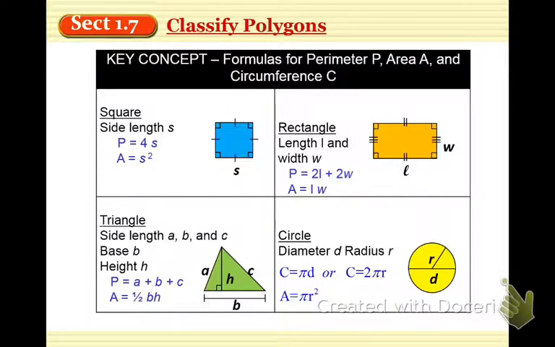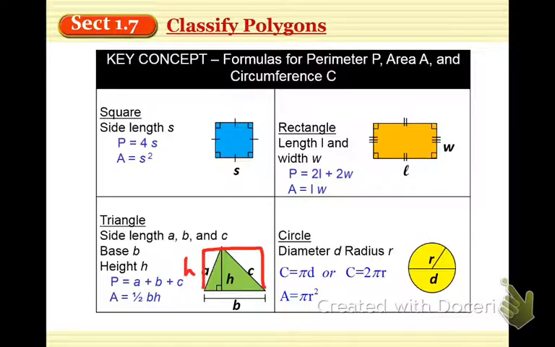The reason you take 1/2 base times height is if I had a rectangle with these dimensions of B and H, I take base times height. This triangle takes up half of this rectangle. So that's why it's 1/2 base times height.